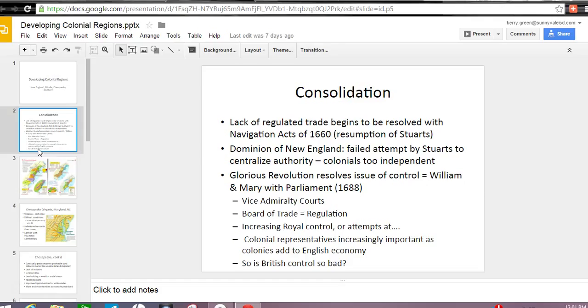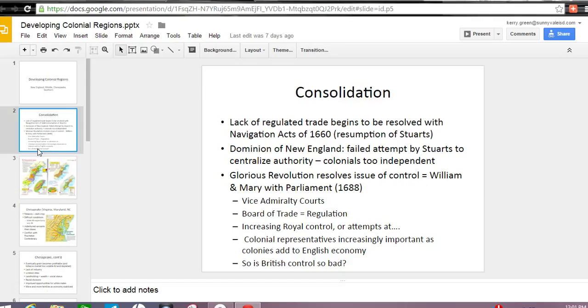So they begin to create what they call Vice Admiralty courts. Vice Admiralty courts are tied to the Navy. There's a military flavor to them. And the essence of this is that because everything having to do with the colonies is tied into the Navy and into shipping, the authority for people who are involved in smuggling or anything like that is going to fall to the Vice Admiralty courts.